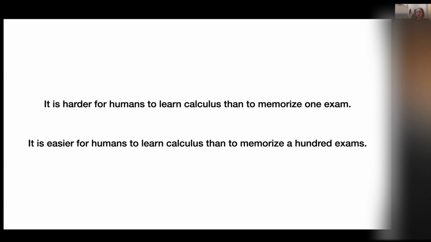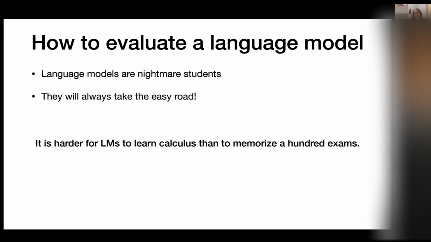So, a general rule that we might think about when we're evaluating human capabilities and human understanding is that it's much harder for humans to memorize 100 exams than to just learn calculus. This is not how language models work, so you cannot evaluate a language model in the same way.